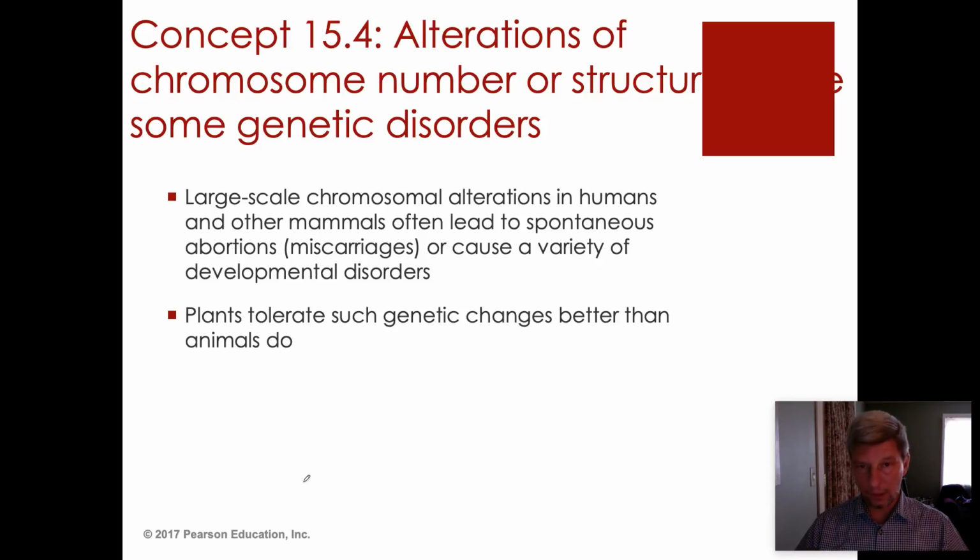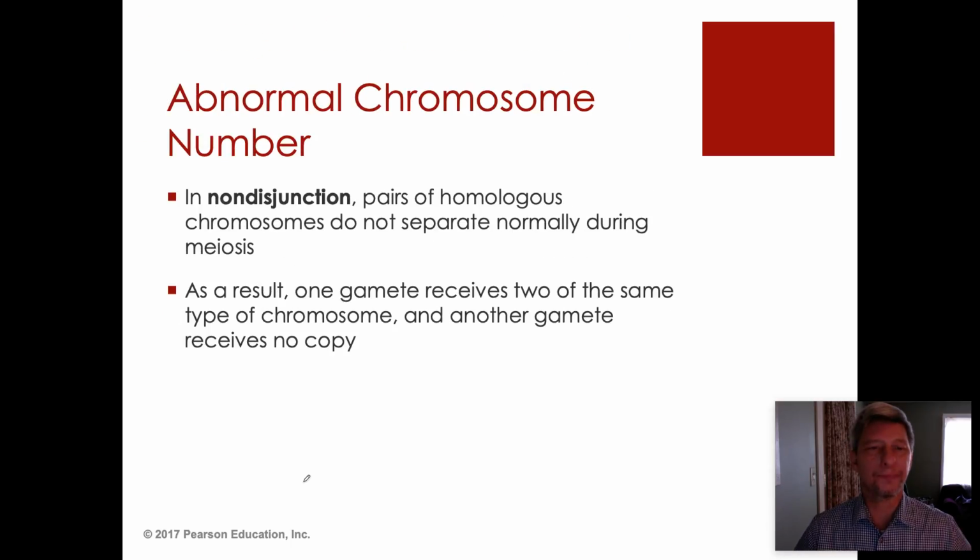And so the developing fetus will be naturally miscarried. In plants, it turns out that genetic changes like this are really not as dangerous or as lethal as in mammals or animals. Now, how do we get an abnormal number of chromosomes?